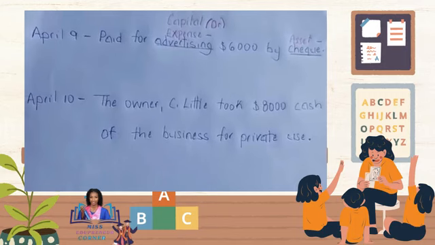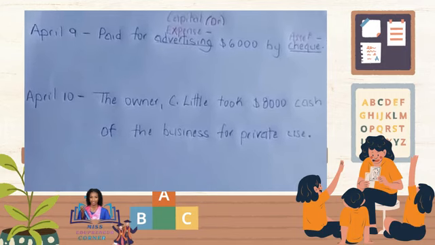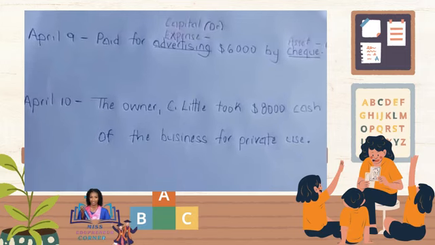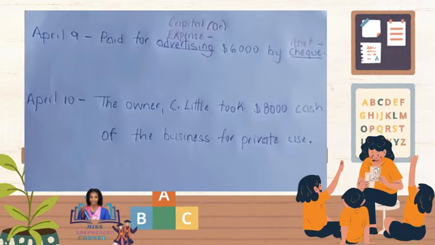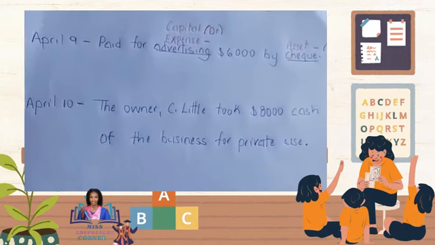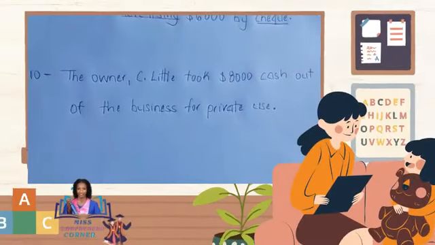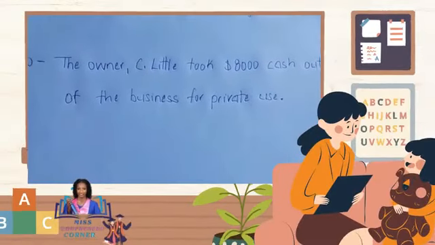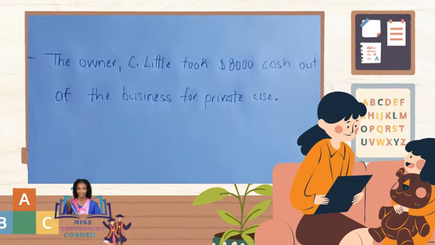So the drawings account would be affected as well as cash. Drawings decreases capital, and once capital decreases, we have to make a debit entry.